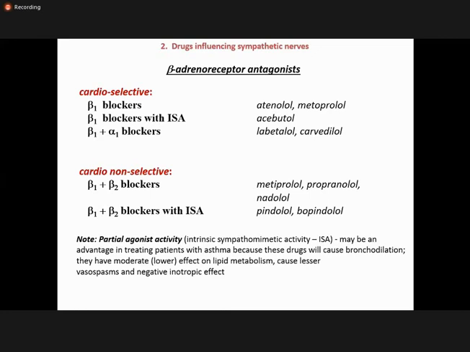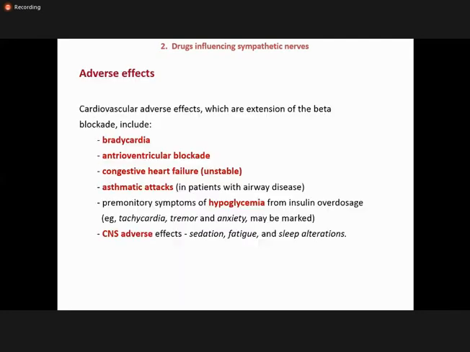So it will exaggerate the attack of asthma in that patient. I already told you about the term ISA, intrinsic sympathomimetic activity or partial agonist activity, which may be an advantage in treating patients with asthma because these drugs will cause bronchodilation. They have a moderate or lower effect on lipid metabolism, cause less vasospasm, and less negative inotropic effect.